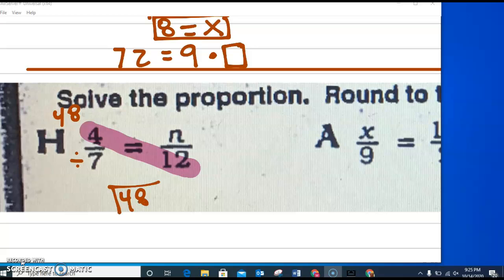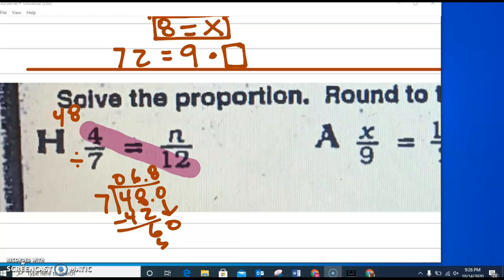48 divided by 7. Well, 7 times 7 is 49, so that would be a 6. It's got to be less. It's 42. Subtract. 6 left over. Put a decimal in. A 0. It said round to the nearest tenth. 7 goes into 60. What is it? 8 times?